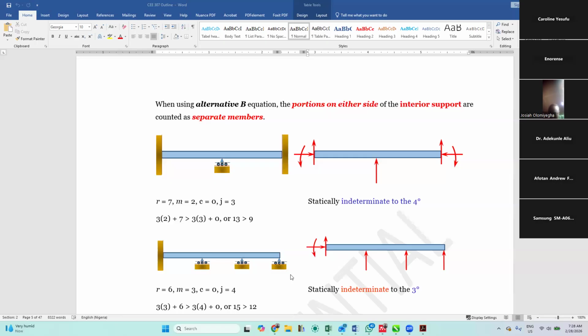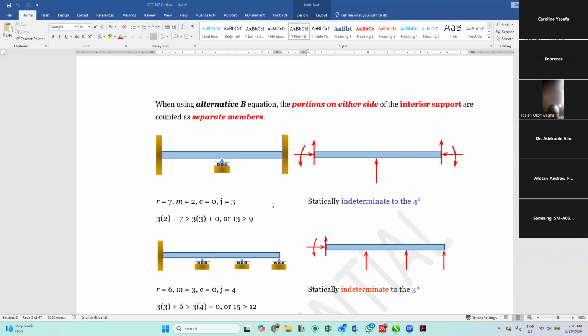Yes, sir. Okay. So that is why we are checking whether it is indeterminate or determinate. If it is determinate, we can easily solve it using the normal calculation that we already know: summation of forces along x is this and that. But when it is indeterminate, we have to solve it using those analytical methods, and we have different methods which I've talked about already.